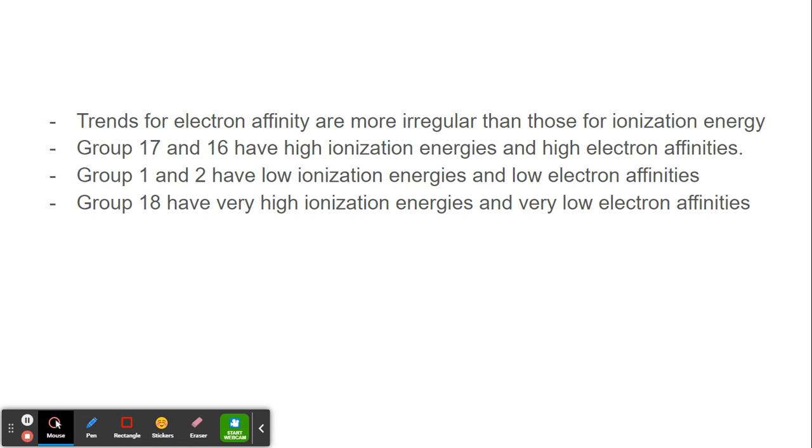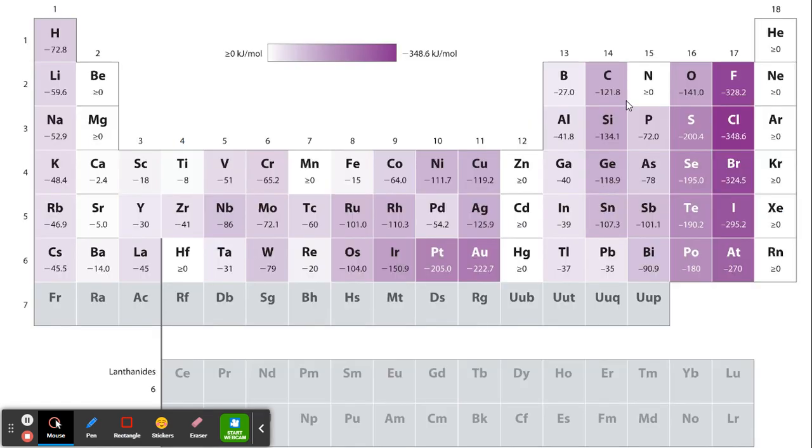Groups 16 and 17. So 17 is the halogens. Those all have high ionization energies and also high electron affinities. So this group and this group, high ionization energy and also high attraction for electrons.